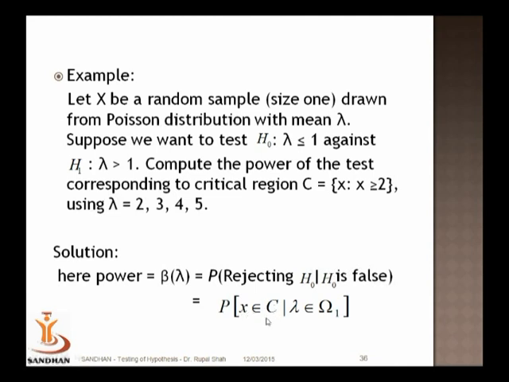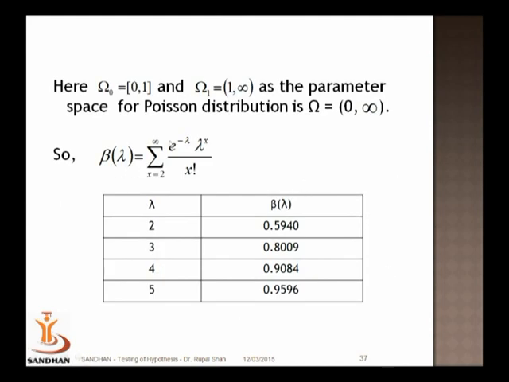So it is the sum of the Poisson probability mass function, with the sum taken over the values of x starting from 2 up to infinity. That means this is the probability of x equal to 2 plus the probability of x equal to 3 plus the probability of x equal to 4, and so on up to infinity.